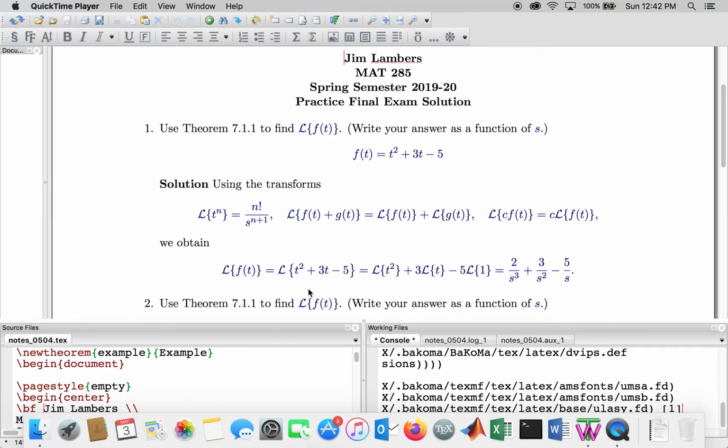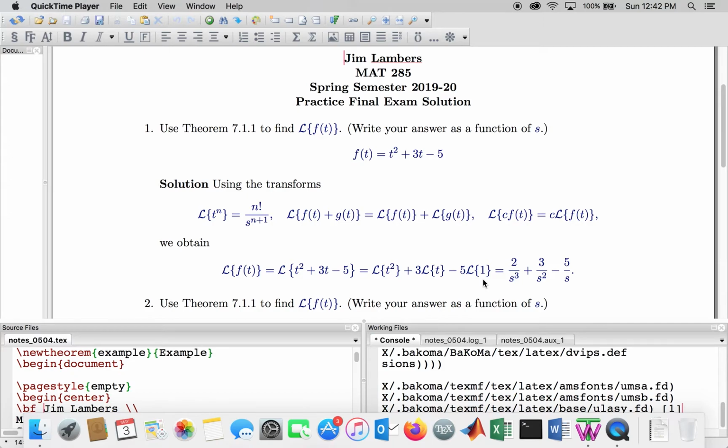The Laplace transform of t squared plus 3t minus 5 breaks down like this. You can pull terms apart, and any constant factors you can pull out of a transform. So we'll take a transform of t squared, 3 times the transform of t, and add those together, and then subtract off 5 times the transform of 1.